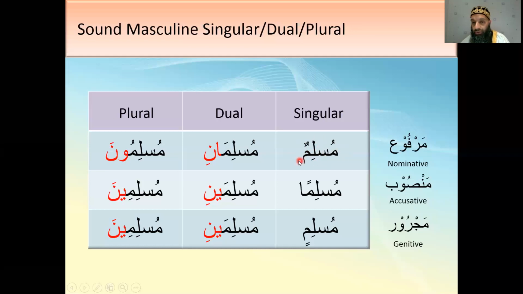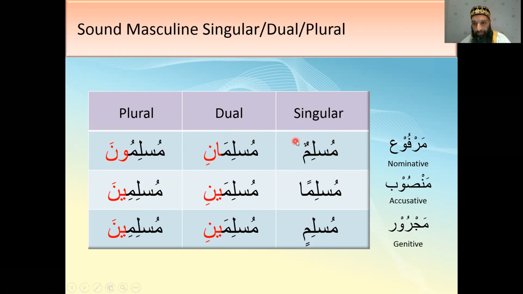Sadiqun is a truthful person. How do you say two truthful people? Sadiqani. Excellent. And how do you say many truthful people? Sadiquna. Now open your Qur'ans and go to the unas at the end of the verses and look to see what the meaning is. It's the plural. Kadhibun means liar.